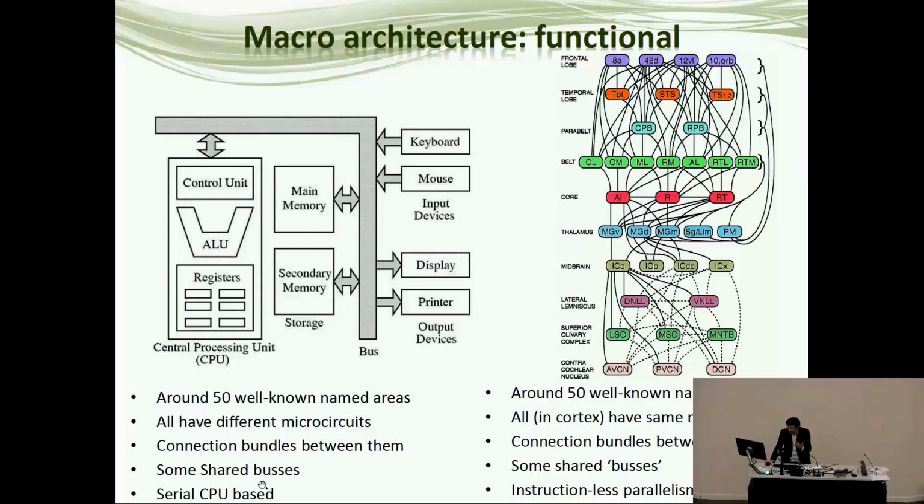They're based on this very serial Turing machine style idea of running one instruction at a time. You have this whole beautiful physical system, but it only does one thing at once. Whereas here, every module is pretty independent of all the other modules. It's possible to knock modules out of brains and still have the rest of the brain work to different extents. So we see this more instruction-less parallelism happening over there.